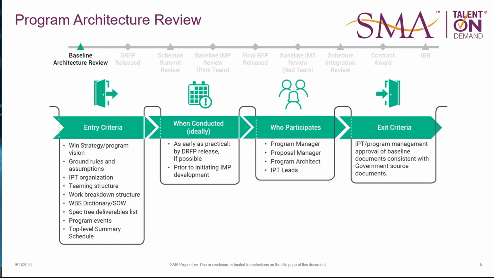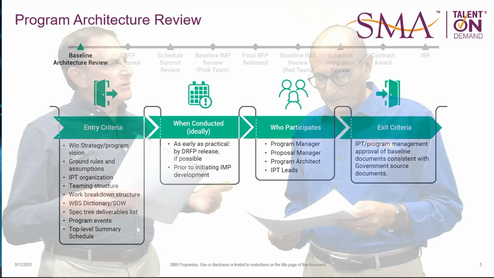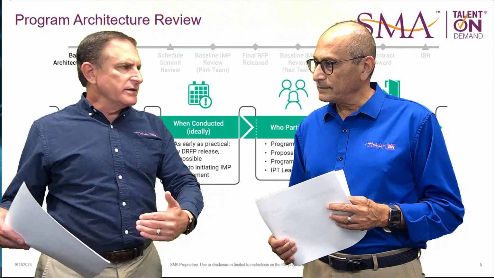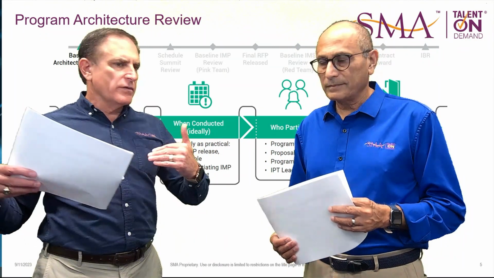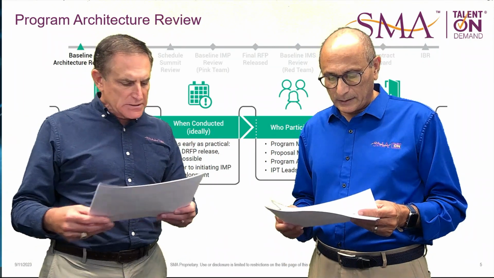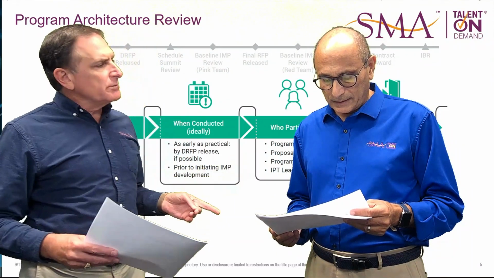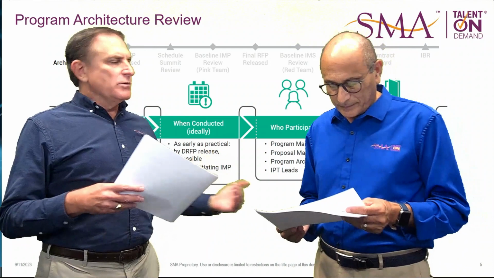So on this one, we've got when themes in the program vision need to be in place, ground rules and assumptions. And this is something that is actually part of the program architecture process, is we set up what our ground rules and assumptions are around how we're going to architect the IMS, the levels of detail and those types of things. The IPT organization, the teaming structure, which is really important because we've seen this how many times.